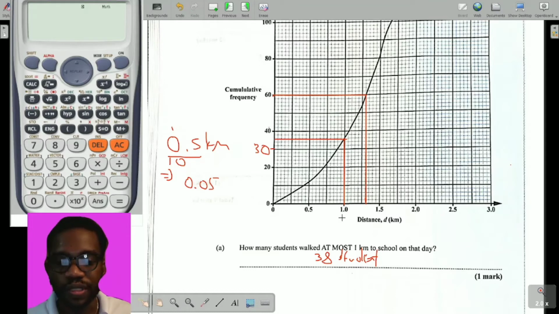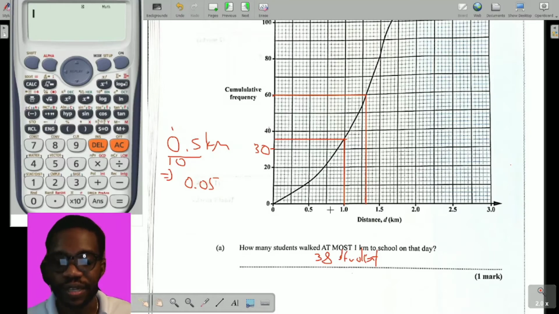Right, so when I'm counting now, when I'm at 1, the next little line that you see is going to be 1.05. Then of course after 1.05 comes 1.1, 1.15, 1.2, 1.25, 1.3. Good? So this is going to be 1.3 kilometers.